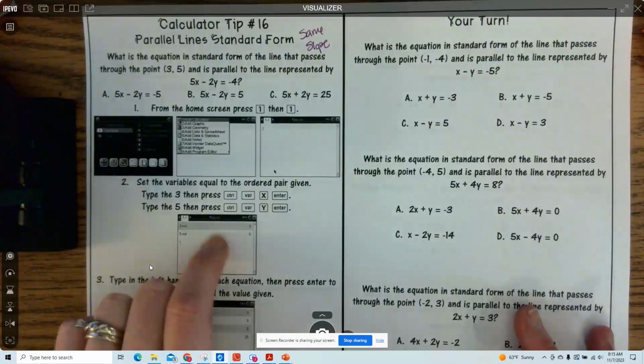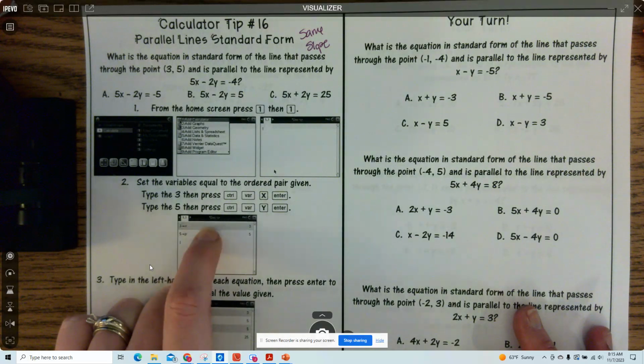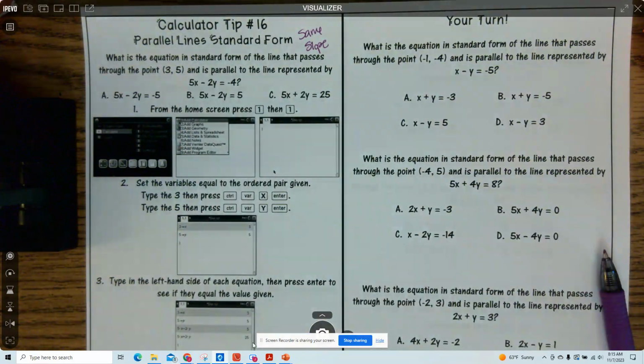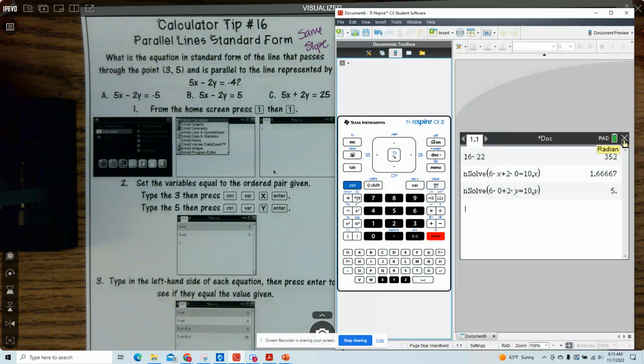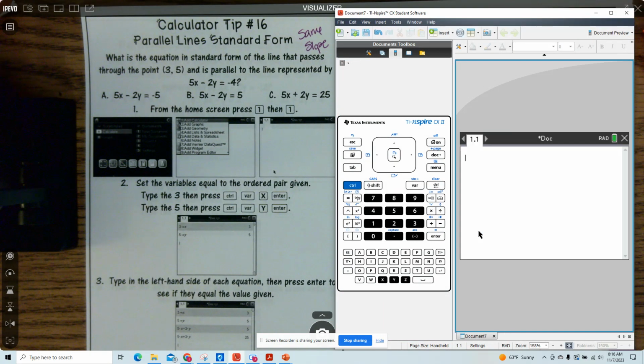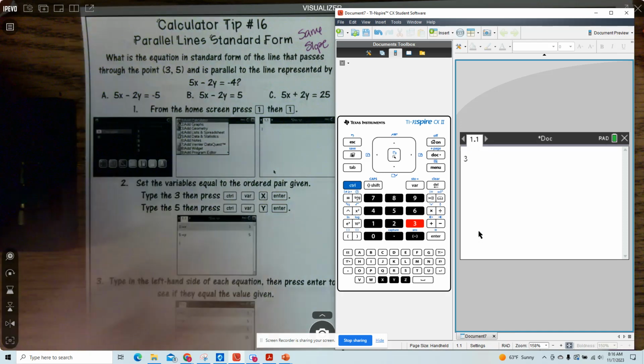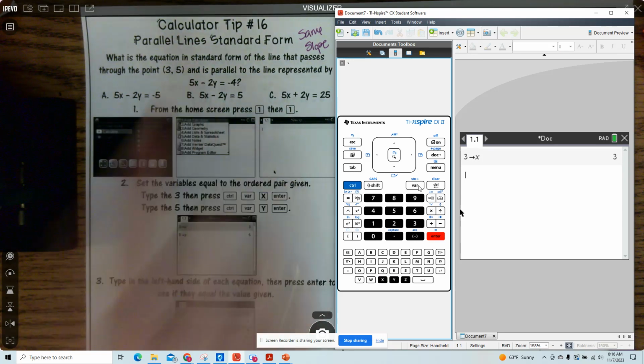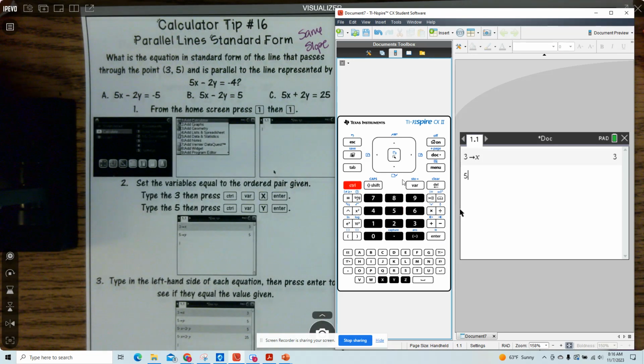But the first thing I can do is control var. They give me this ordered pair, okay? So I'm going to do 3, because that's my x, control var x, and then my other point is 5, 5, control var, and that's my y.